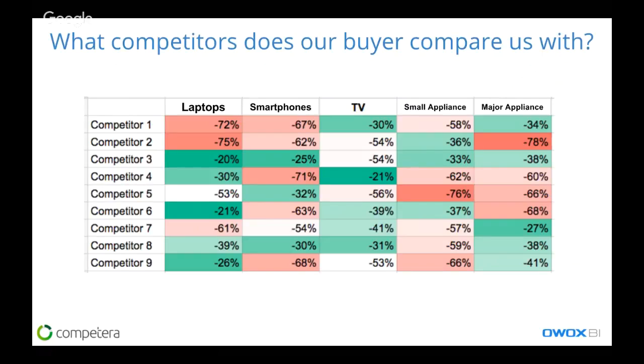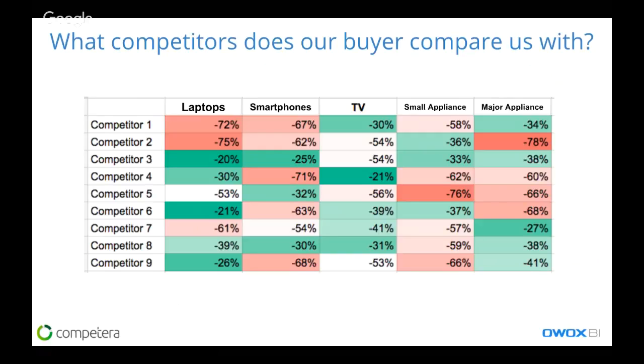Yeah, and on this chart you can see how users compare us with the other competitors. For example, you don't see the name of the competitor, but you see how the price of this competitor differs from your own prices.